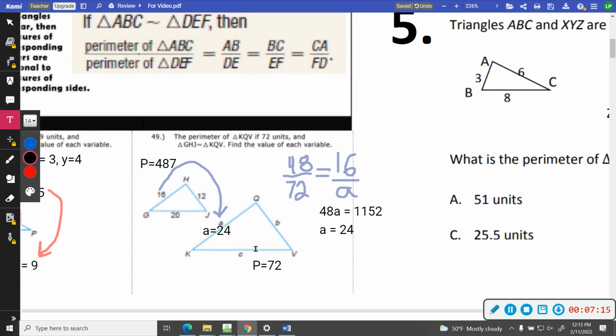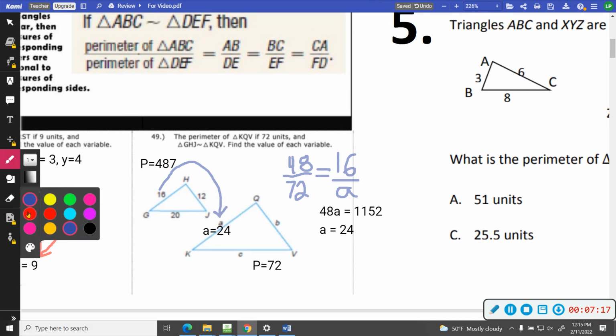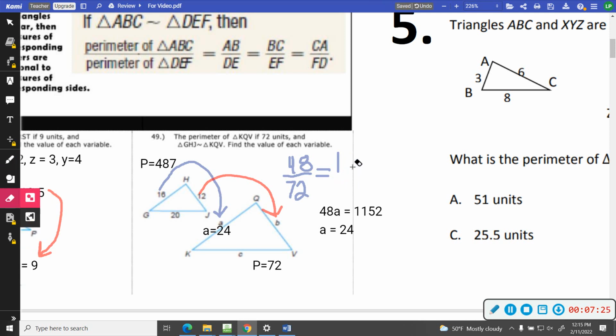Now let's find B. So we're going to go from 12 to B. And so I'm going to erase this part. Again, I encourage you not to erase, but that's going to be 12 over B. So that's going to be 48B, equals 72 times 12.